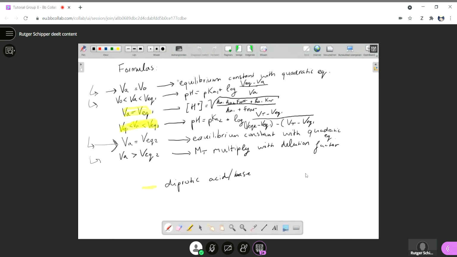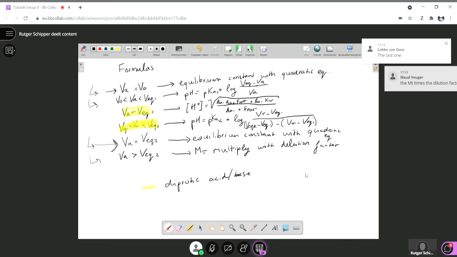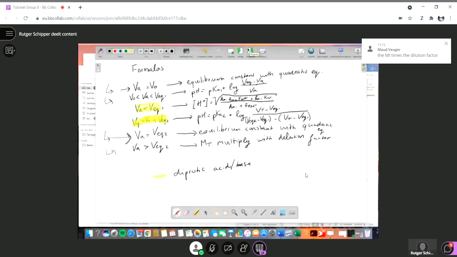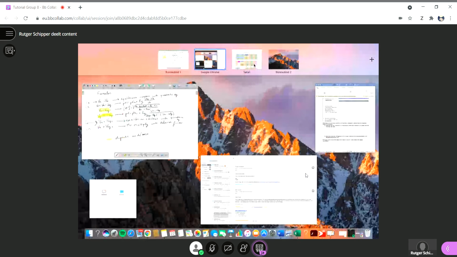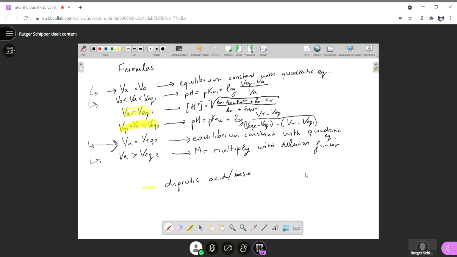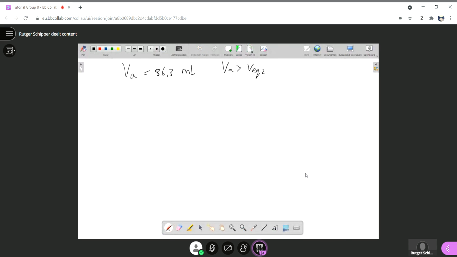So Lobke or Mout, do you know which formula to use for the excess amount of titrant added to a system when all of the molecules have reacted? The last one, the molarity times the dilution factor. Yes. So can you work it out for me? Because I think you will learn the best when you do it yourselves. So it's basically the molarity of the titrant times the excess amount of hydroxide ions divided by the total volume of the solution.